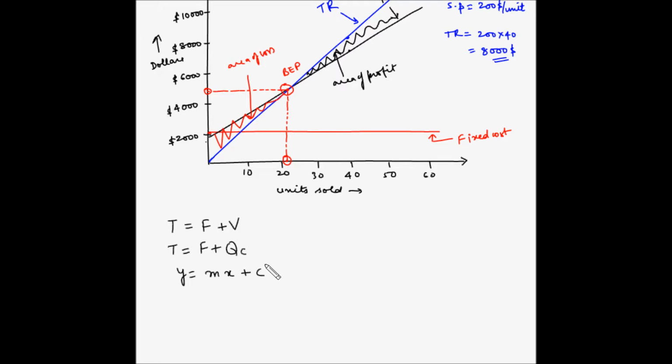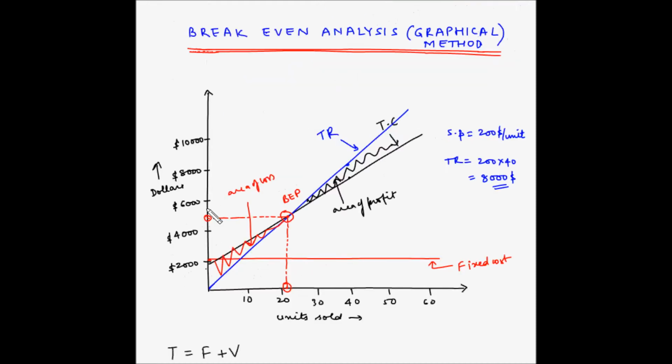Here c is a constant, that is a numerical value. M represents the slope of the line and x is the variable. So in this equation for a straight line, c is the point where the line intercepts the y-axis.